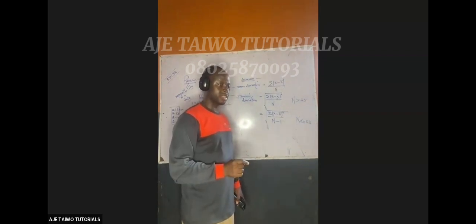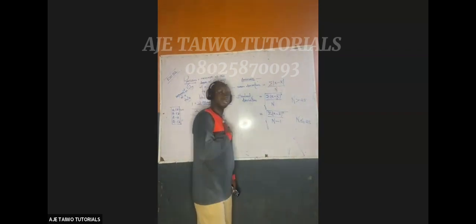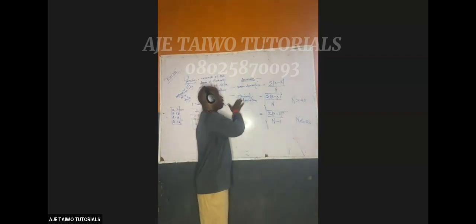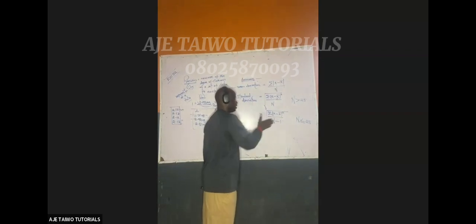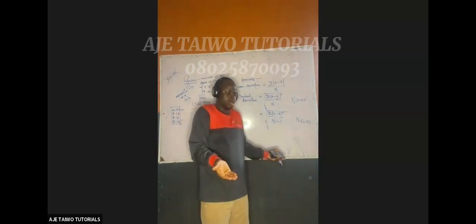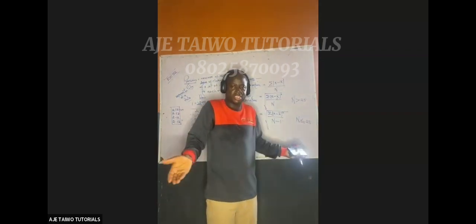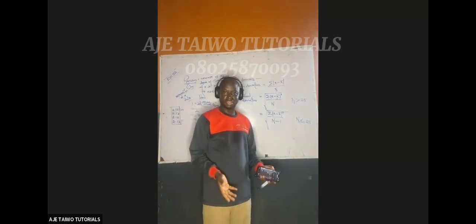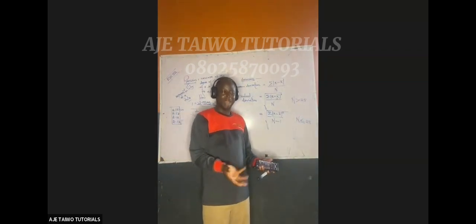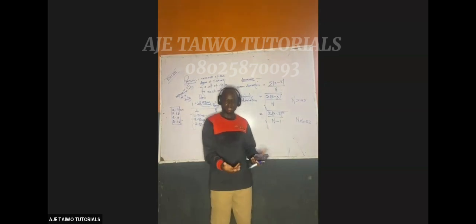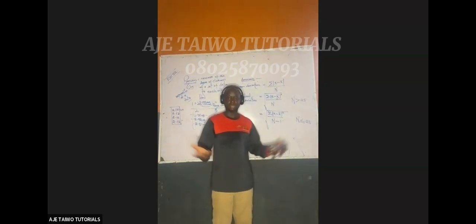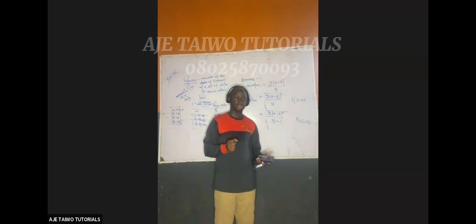I will still explain it. Standard deviation gives you the degree of deviation of your data from the mean. It shows by how much the data truly deviates from the mean, from the true value. I will explain to you.